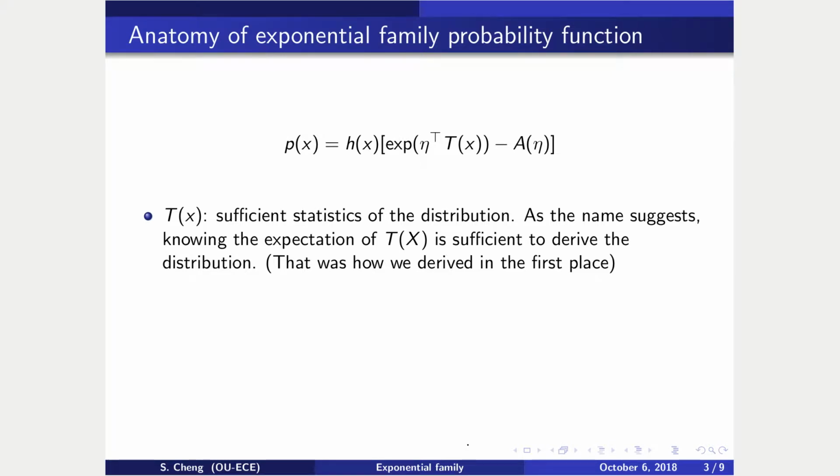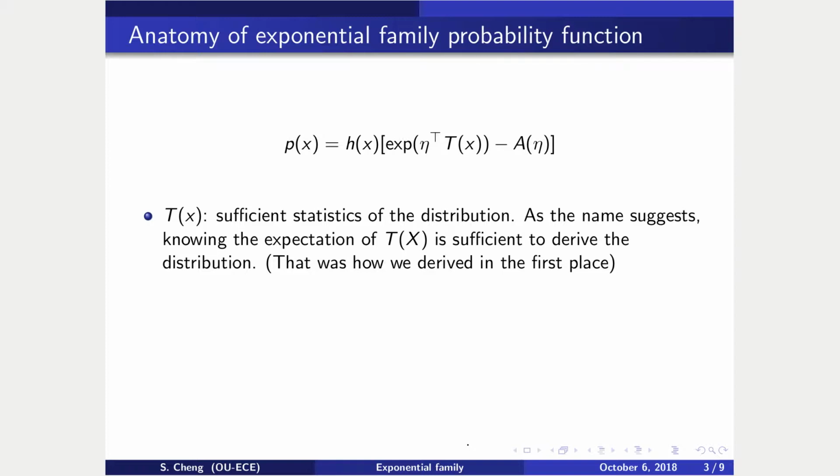So next we'd like to explain each component in the exponential family. First of all, T(x) is commonly called the sufficient statistic, because if we know the expected value of T(x), we basically know everything about the distribution of P(x).